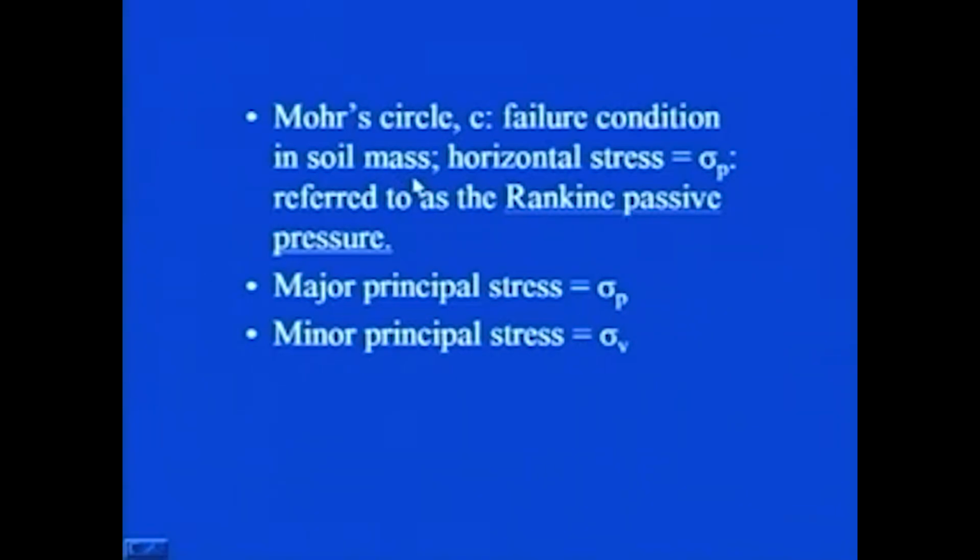In that case the horizontal stress is equal to sigma p, which is referred to as Rankine's passive pressure. And as I explained earlier, in that case the major principal stress is equal to sigma p, while the minor principal stress is equal to sigma v.